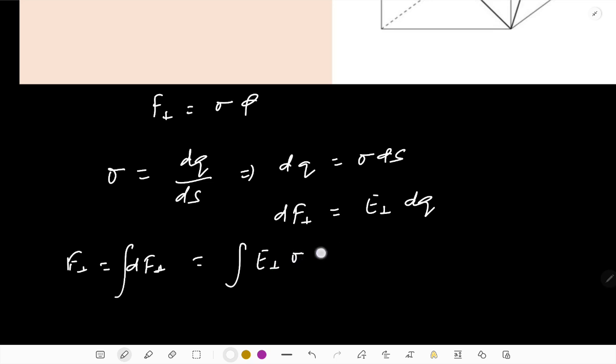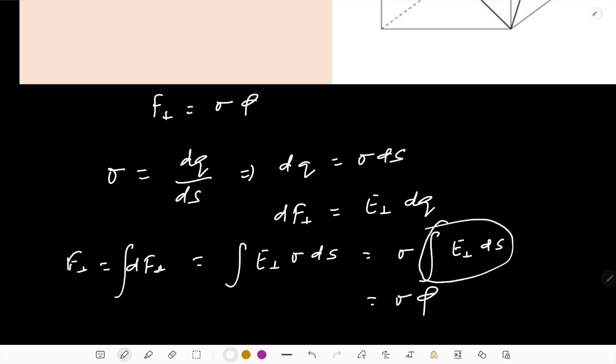In place of dq, I would like to write sigma ds, and you can take the sigma out and the rest of the thing inside the integration, and it will become E perpendicular ds, the normal component of the electric field multiplied by the area element ds. And you know, this is nothing but the flux. This thing is the flux passing through the surface. So I think we have calculated this result and this theorem.